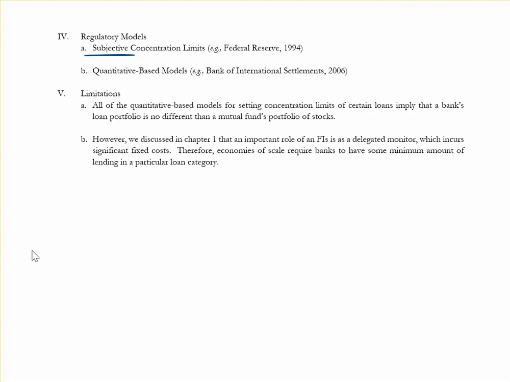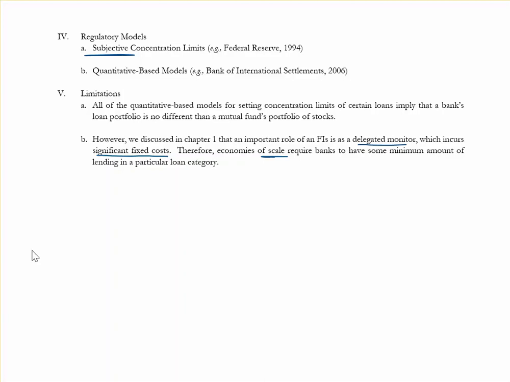One thing to keep in mind is that if we limit the amount of loans a bank makes, remember they're a delegated monitor, which incurs significant fixed costs, so there needs to be scale. So what's the point of limiting your lending to a particular kind of borrower at, let's say, 1% in order to be diversified? That really abstracts from what the bank is doing, in that it has to expend a significant amount of cost to know about that kind of borrower and to monitor them.